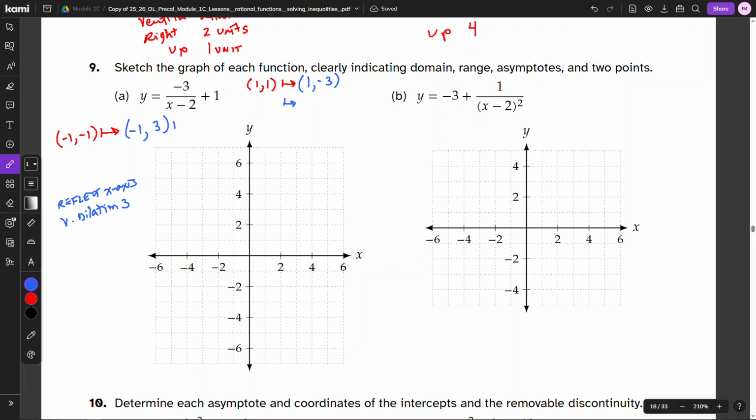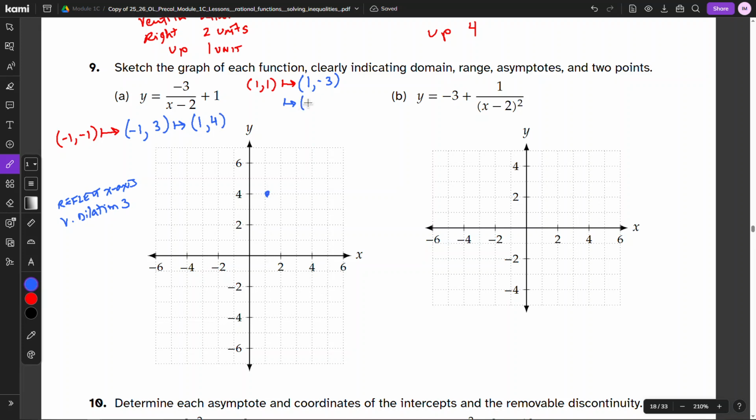All right, then what do we do? Then we're moving to the right by 2 units and up by 1 unit. So to the right by 2 units puts that at 2, up by 1 unit puts that at 4. So I know I'm going to have the coordinate 1, 4.